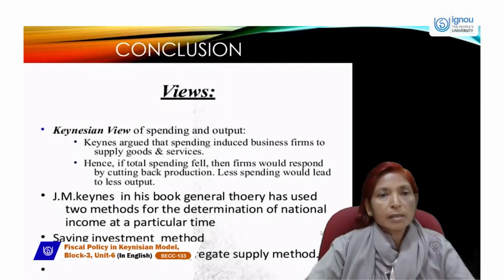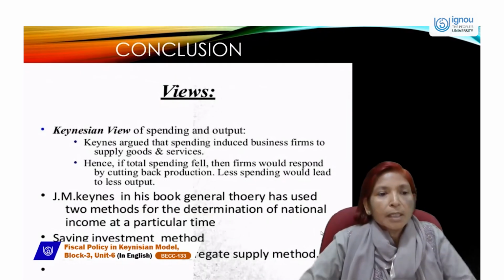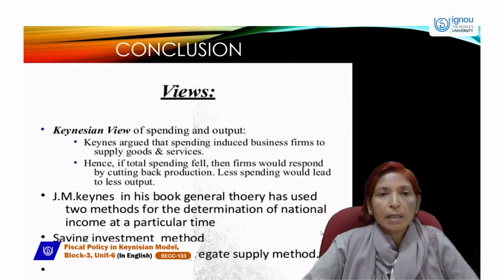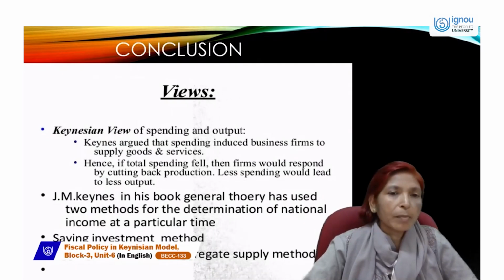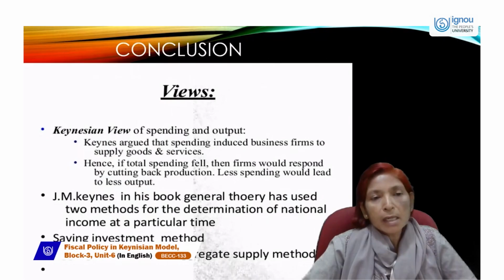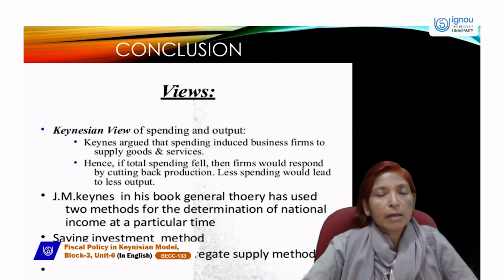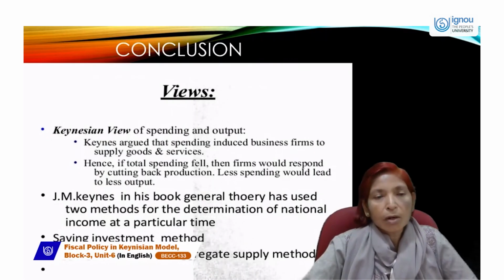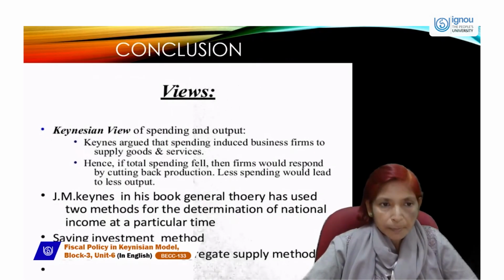Now next is the conclusion. We can conclude from today's session that we have discussed how national income is determined in a two-sector economy, in a three-sector economy, and in a four-sector economy according to the Keynesian views. Because in macroeconomics, there is a great contribution given by J.M. Keynes, or John Maynard Keynes.